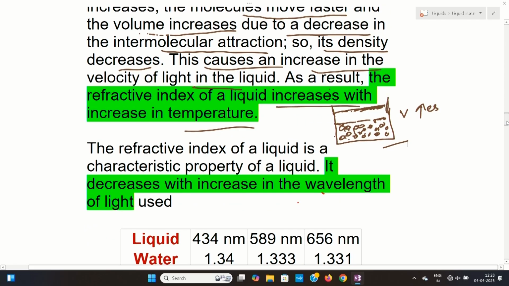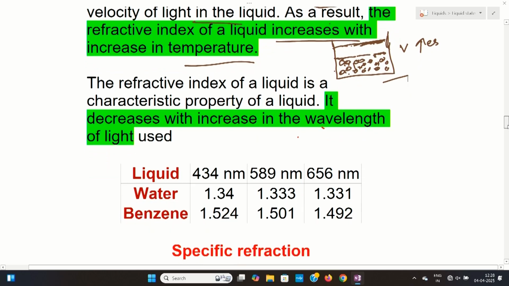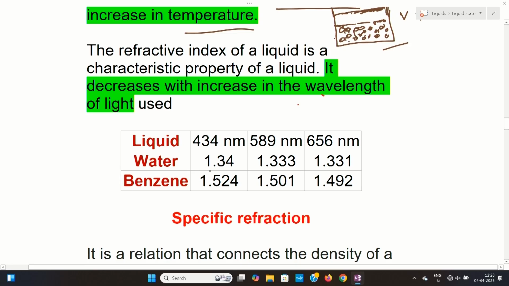The refractive index of a liquid also depends on the wavelength of the light we use. If we use a high wavelength of light, then the refractive index will be lower. Here, taking water and benzene, at 434 nanometer the water has a refractive index of 1.34, at 589 nanometer it is 1.33, and at 656 nanometer it is 1.331.